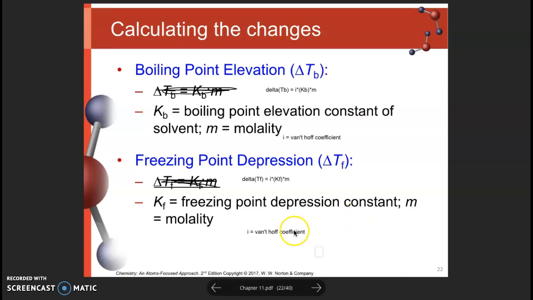In a lot of cases, especially when our i values are larger, we'll find that the actual value of i is going to be slightly less than the estimated value of i. And if you are given a value for i, then that's just what you run with. If you're told that i for calcium chloride is 2.87, then that's what you plug into the value for i here, not 3.